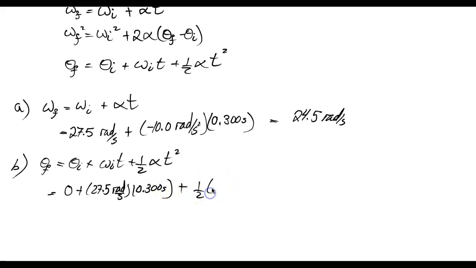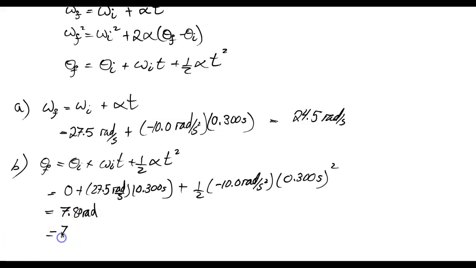plus 1/2 the acceleration rate times the time squared. Again, when we do this, we get a final angle of about 7.80 radians.